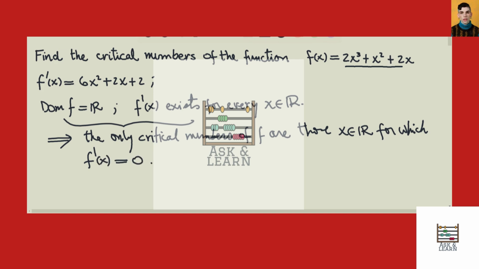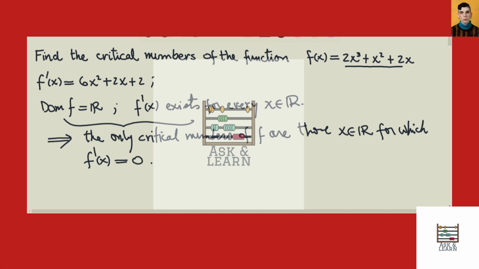That is because, remember, the definition of critical numbers of a function are the x values in the domain of the function for which the derivative does not exist, or it exists and is equal to 0.